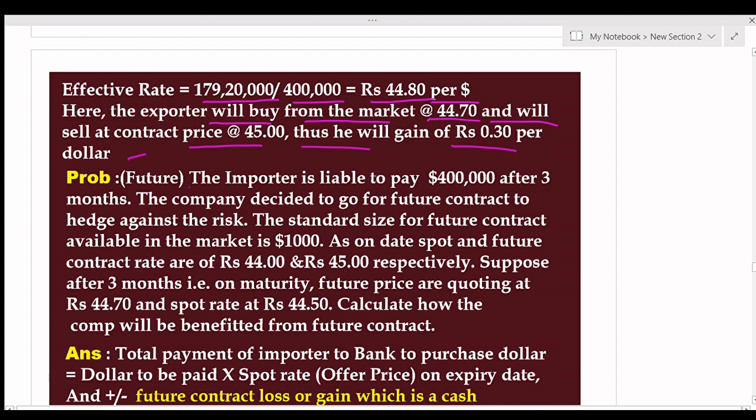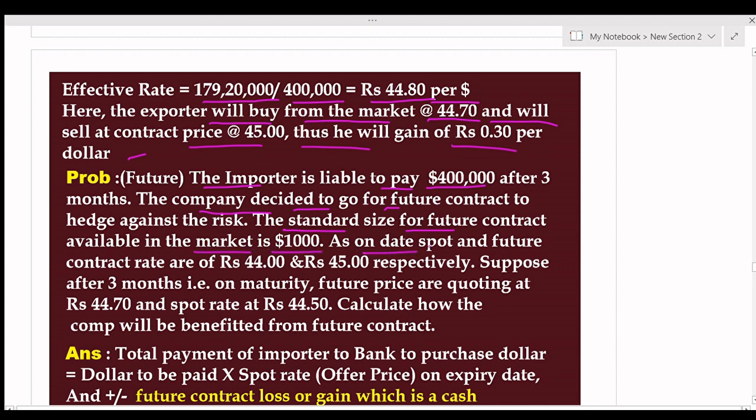Next problem, the importer, instead of exporter, here it is importer and rest are same. The importer is liable to pay $4 lakh after 3 months. The company decided to go for future contract to hedge against the risks. The standard size for future contract available in the market is $1,000.